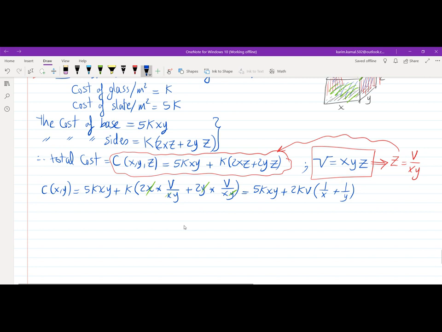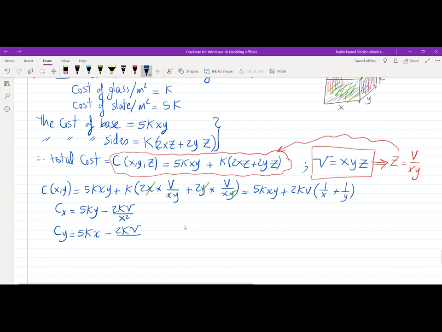So like before exactly, we have to get Cx, which will be 5Ky minus 2KV over x squared, and Cy, which is nearly the same, will be 5Kx minus 2KV over y squared.